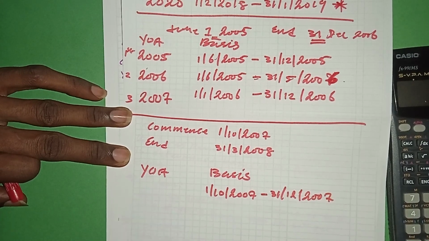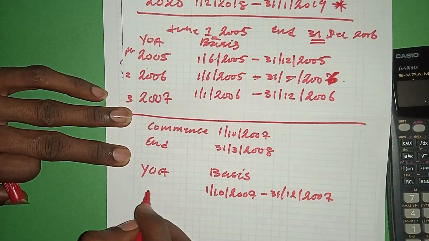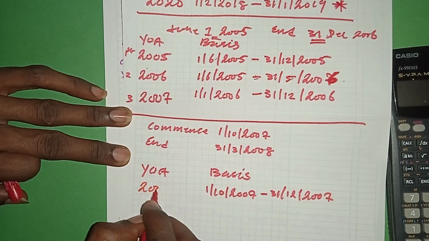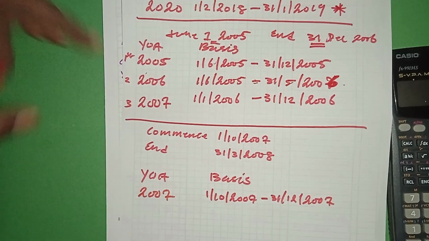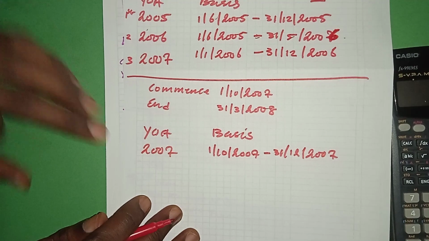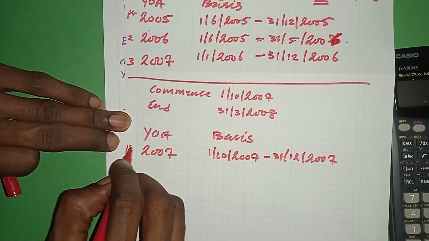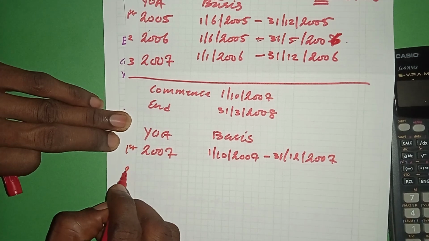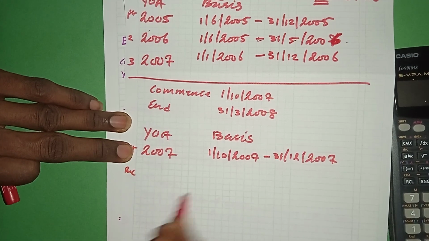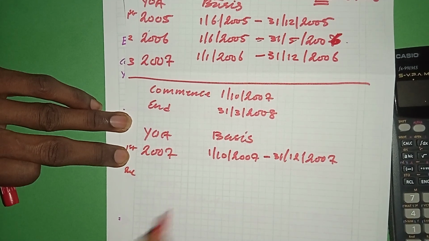This one, remember, is actual year basis. The basis period here will be 27. Is that okay? Good. Now, that is the first year. Second year will still be on actual year basis.